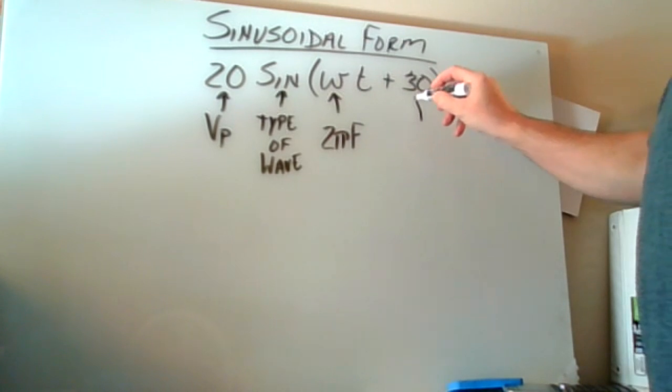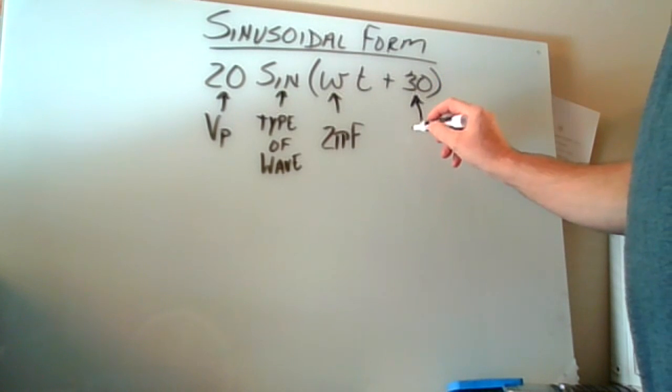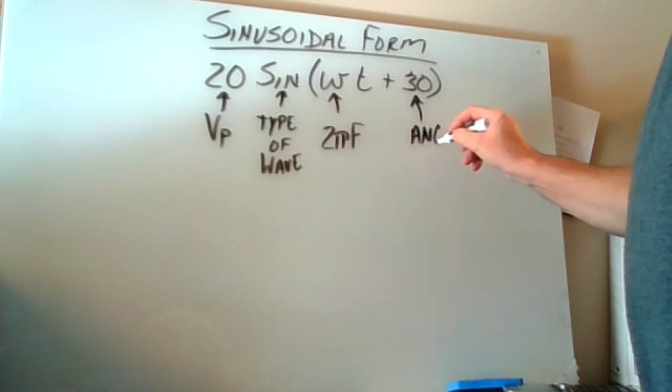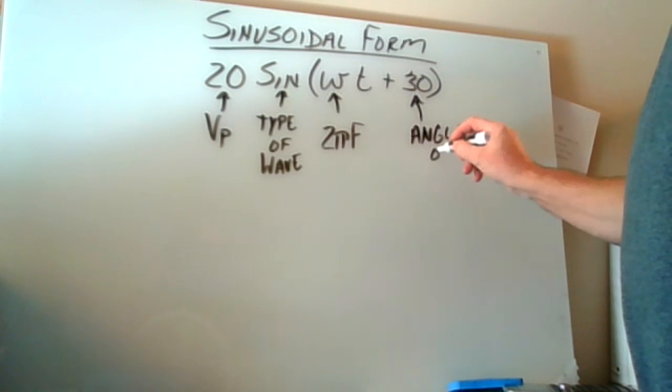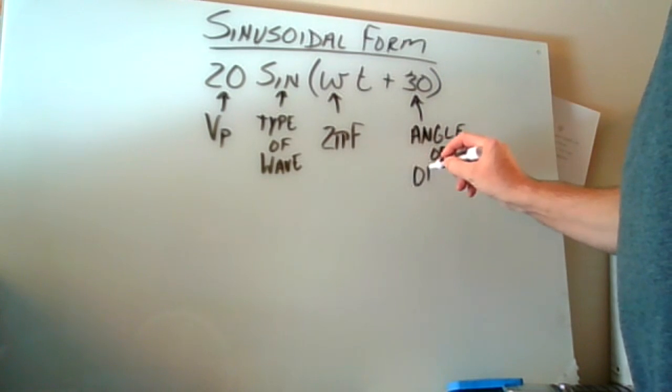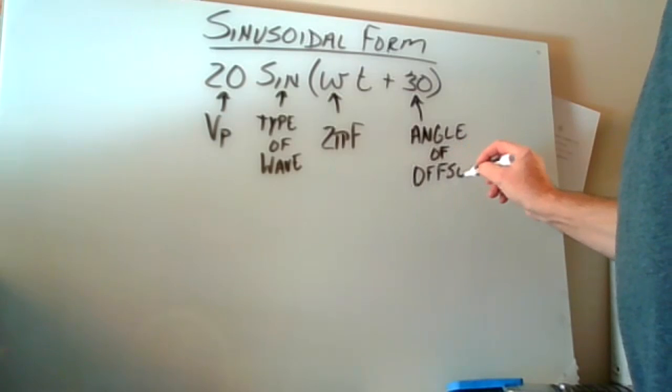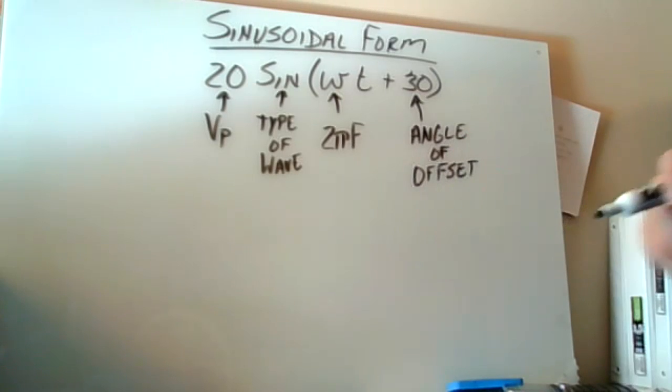And this 30 is my angle of offset. Because remember, I told you in AC, everything has an angle, right? So that's where we're going to get our angle, okay? Unfortunately, this is not the form it has to be in to solve the circuit.